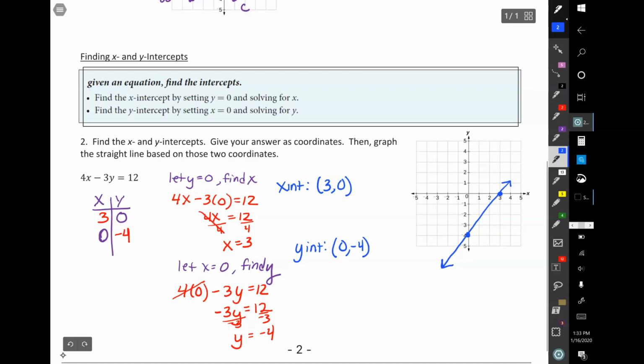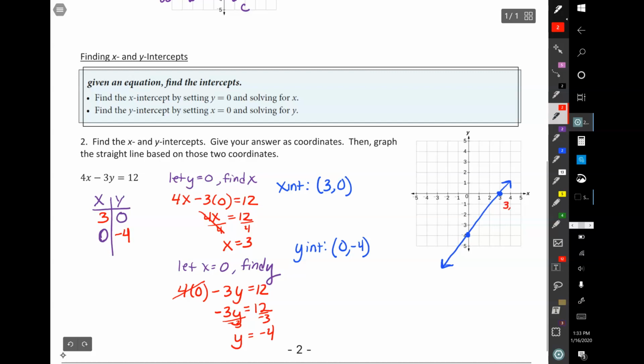Make sure you extend across both axes and include arrows unless you have some kind of boundary or domain that stops you from extending, but this will go on to infinity. Also label your points. So we're going to put the point label right next to the dot.